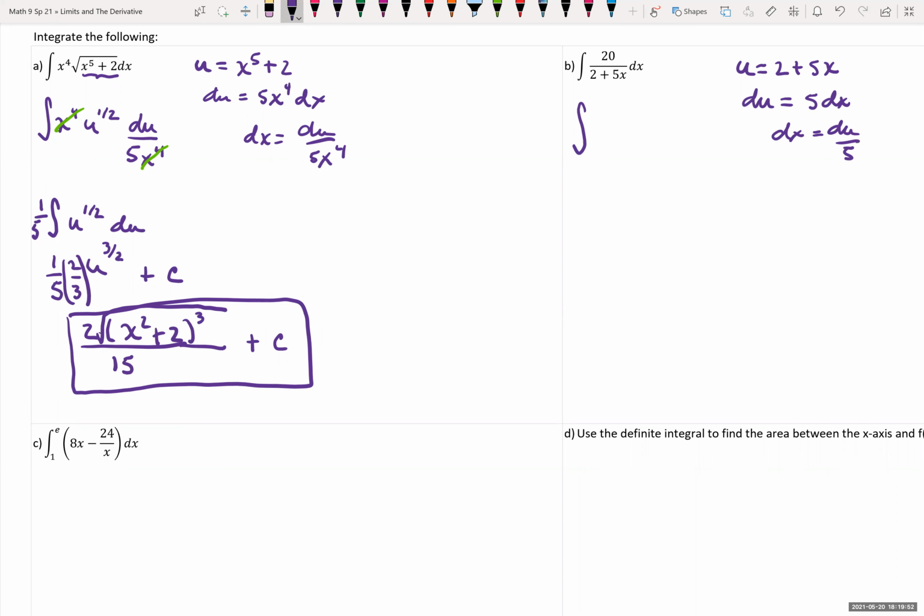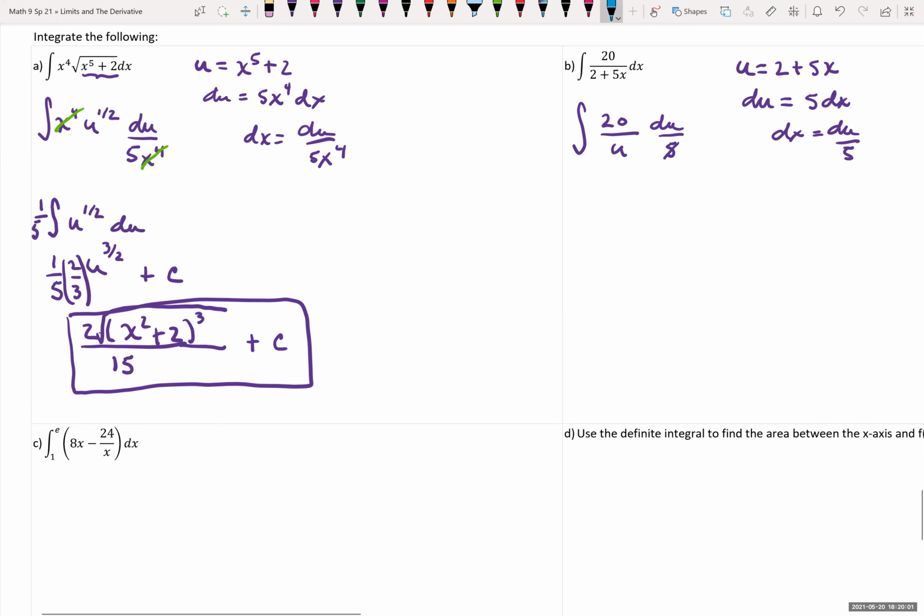Going back and substituting, we have 20 all over u, and dx is du over 5. Well, 5 goes into 20 4 times. And so when we take the antiderivative of 1 over u, that was a special case when our exponent, our n, if it's in the numerator, is -1.